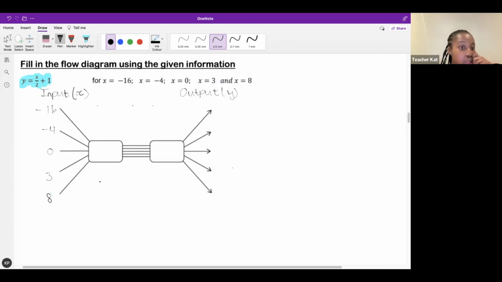Done. Okay, now we have to fill in this formula that they've given us. y is equal to x divided by 2 plus 1. Which one is the first operation that we have to do here? So my first operation is going to go in block number 1. Which is the first operation we're going to do based on this formula that I wrote down at the bottom?